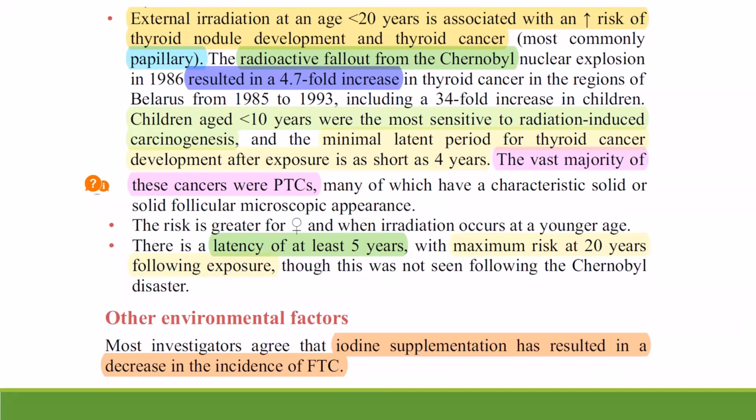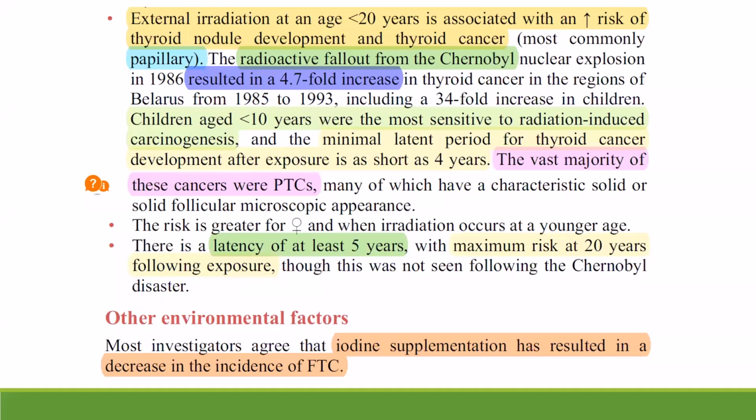External radiation at an age less than 20 years is associated with increased risk of thyroid nodule development and thyroid cancer, which is mostly papillary thyroid carcinoma. And this is actually not 100% evidence, but regarding the Chernobyl disaster, the radioactive fallout from Chernobyl resulted in a 4.7-fold increase in papillary thyroid carcinoma, especially in children less than 10 years of age.